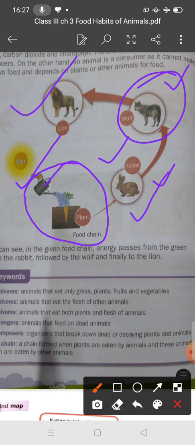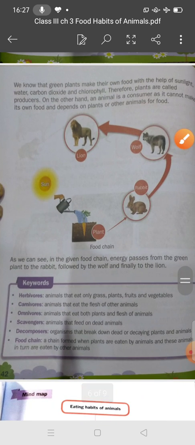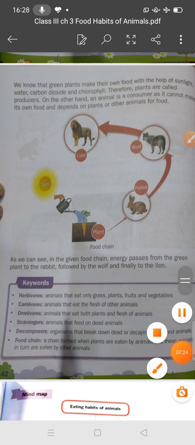You can add in this chain human beings, and you know human beings are omnivores. So you can see students, there is a chain, and it starts from the plant and ends with the animals. I hope you understand the food chain. So what is a food chain?